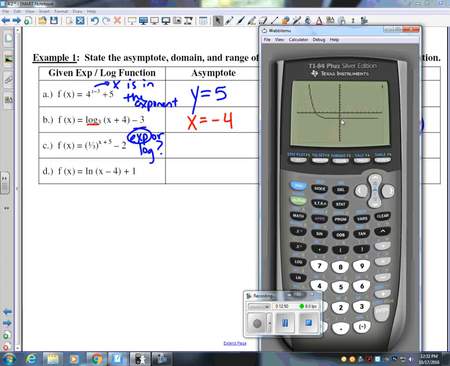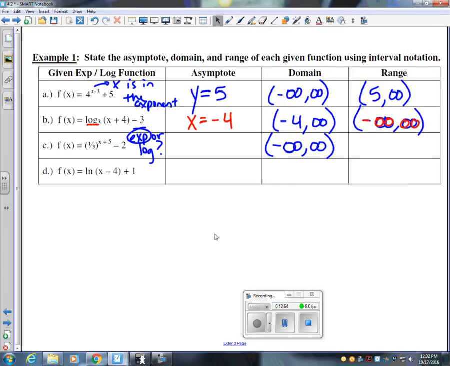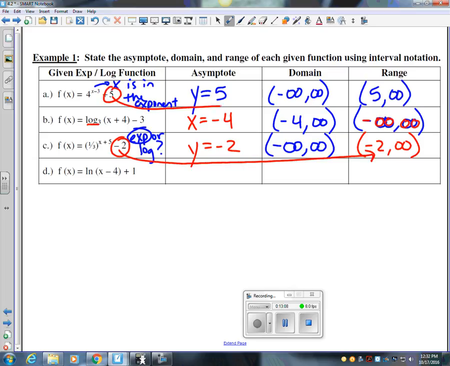All right, so it's never going below -2, and that's y equals -2. So y equals -2, and it goes -2 to infinity. As you can see, this number matches that on exponentials. Okay. And this number, you got to do the opposite because this inside matches that one.